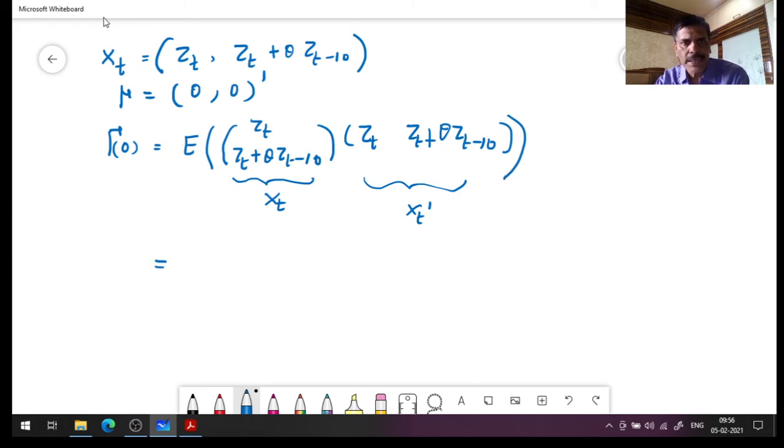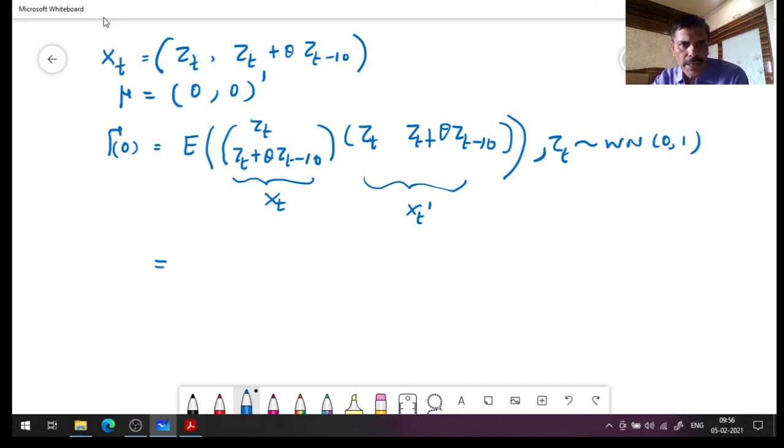Now you can do this calculation. What happens? This is zt square, and zt is white noise with mean 0 and variance 1.